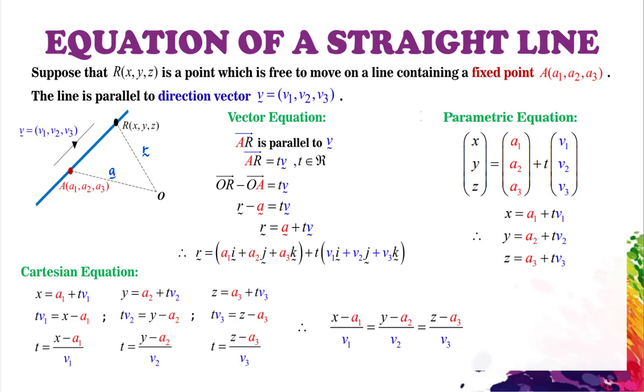Then we get the Cartesian equation from the parametric equation by rearranging with t as the subject. So we're going to have (x minus a1) over v1, (y minus a2) over v2, and (z minus a3) over v3. We equate all these functions to become one equation, and make sure the coefficients of x, y, and z are equal to 1.